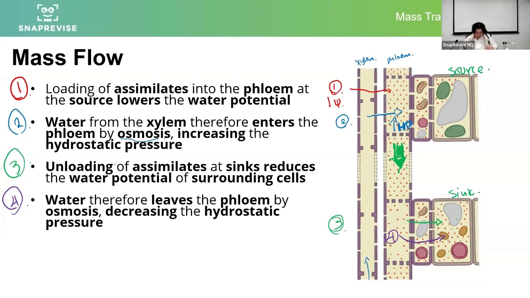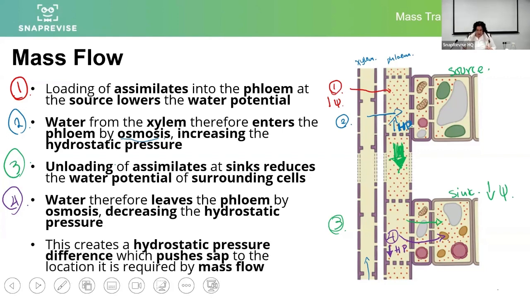Because when the assimilates were unloaded into the sink, that lowered its water potential, so water needs to be drawn in. Where is that water going to come from? It's going to come from the phloem again. So now the hydrostatic pressure in the phloem is decreased. Compare that to that.